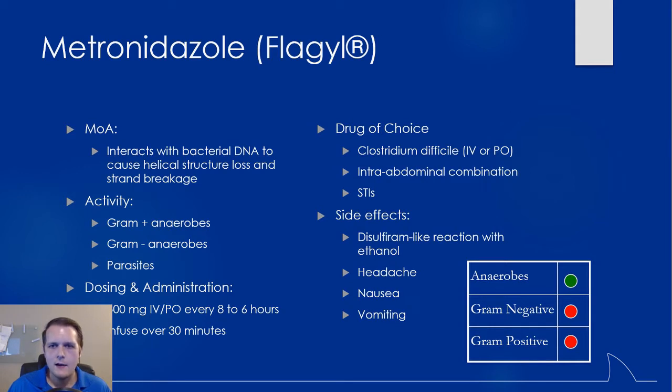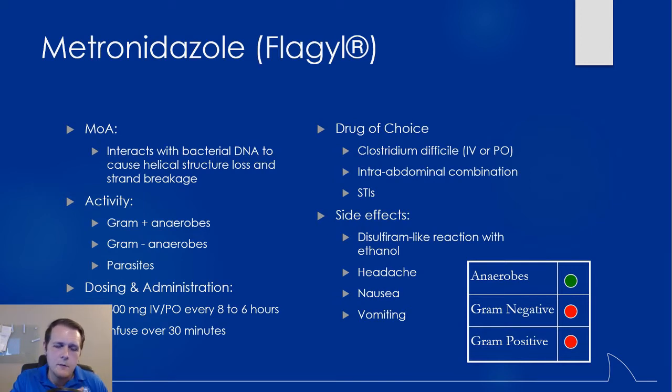Metronidazole, on the other hand, can actually be used either IV or PO for Clostridium difficile. So this is one you can use either or, depending on the severity of infection. I've seen some patients get IV Flagyl and then PO Vanco. That is certainly something I've seen for more severe C. diff infections. It just depends, though.